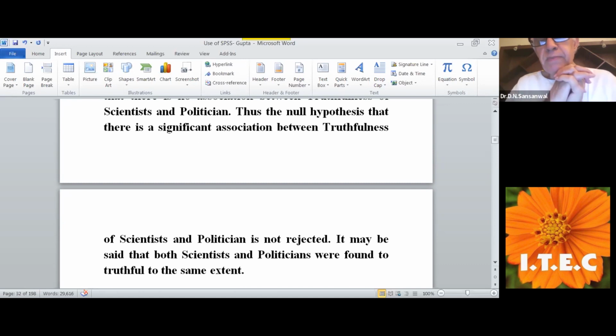So this becomes the finding, and this is how you have to write.